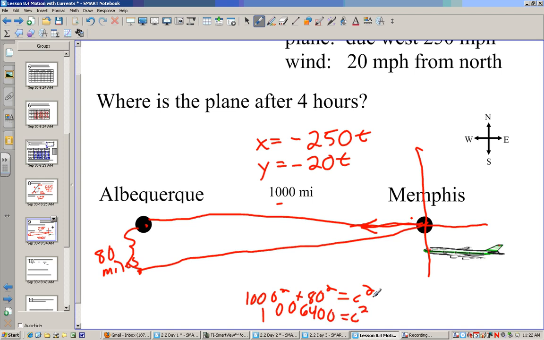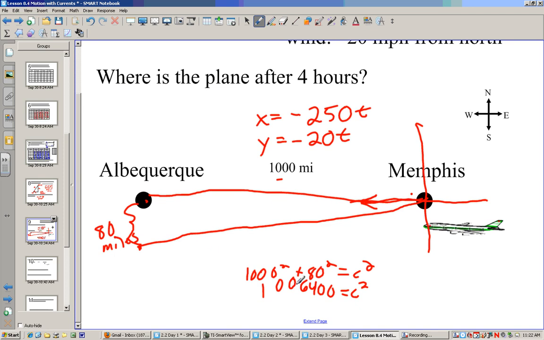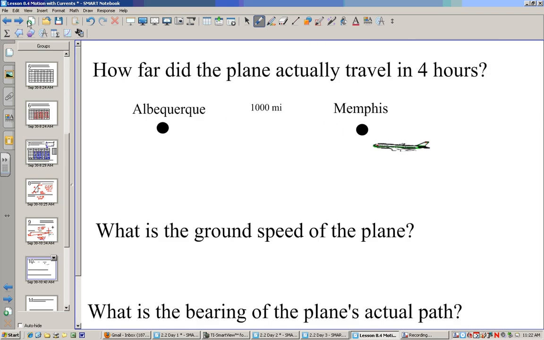Now if I square root that, it actually goes 1,003.2 miles, that's how far it traveled.